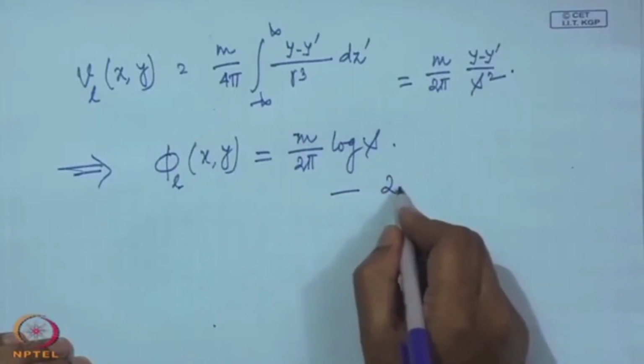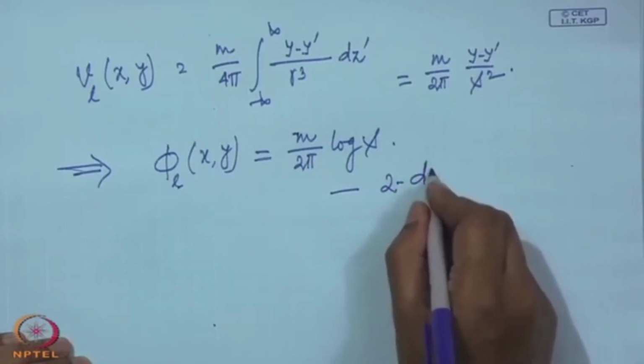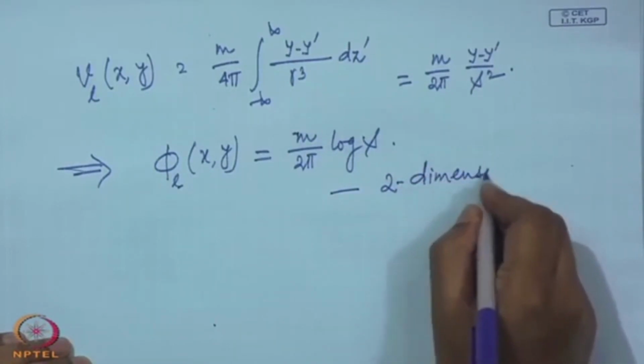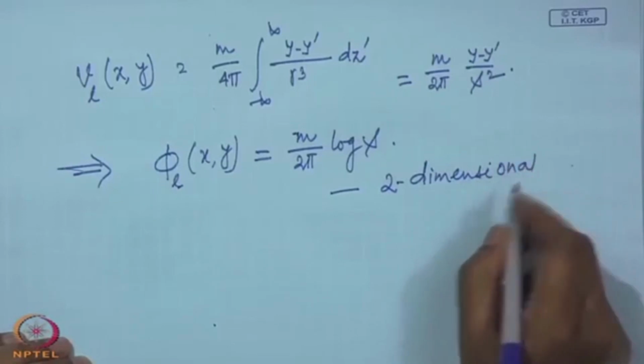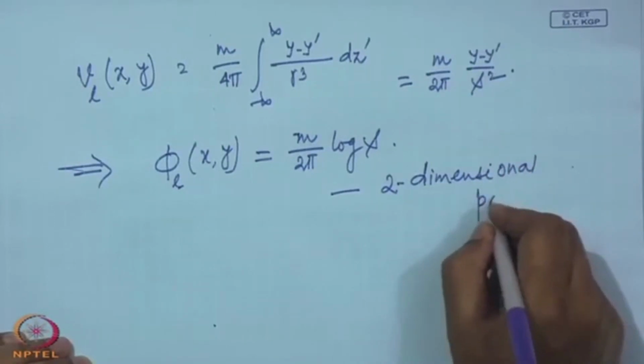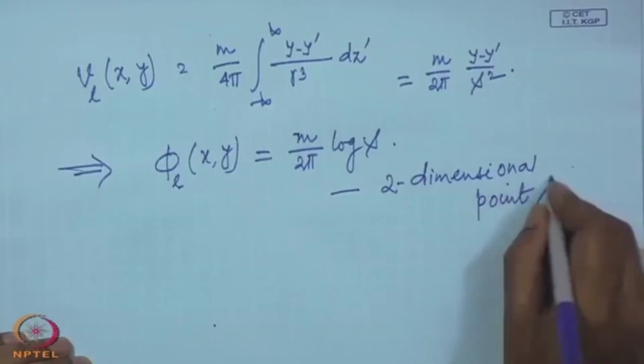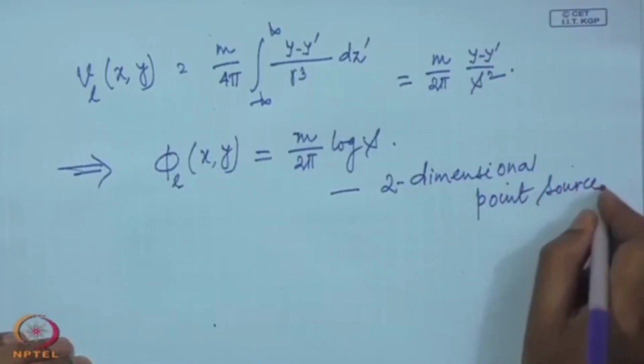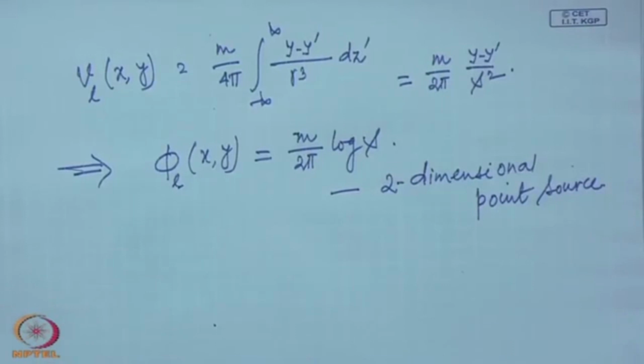So, this can now be called a two dimensional point source. Similarly, we can have a two dimensional point doublet also. You may try to construct the two dimensional point doublet.